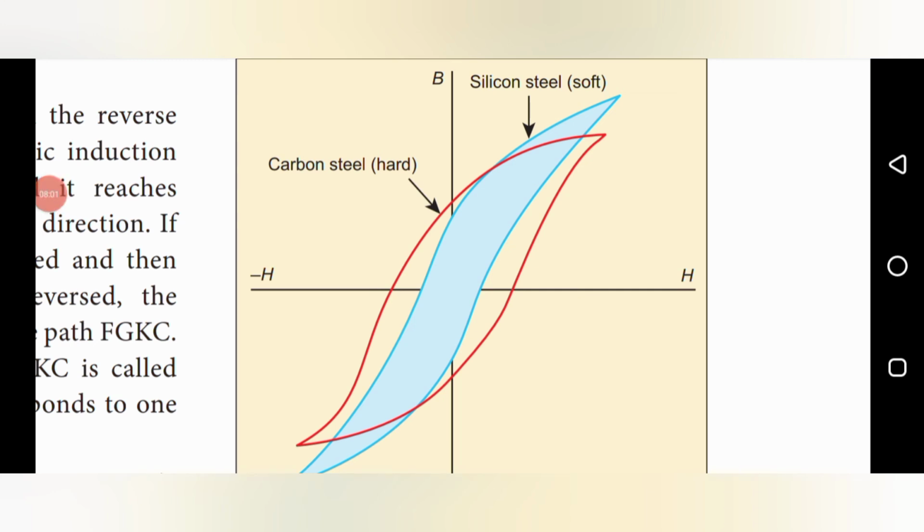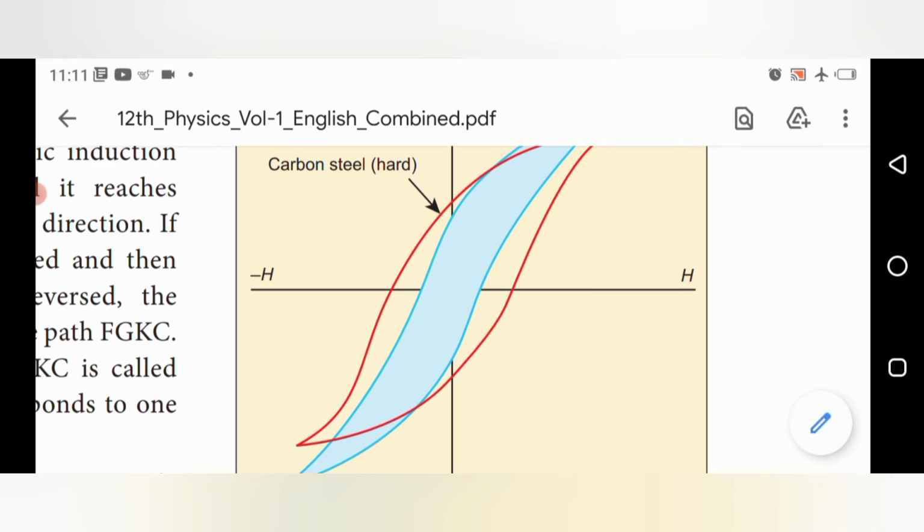The smaller area represents the soft magnetic material, and the larger area represents the hard magnetic material. Here, the hard magnetic material is considered to be carbon steel, and the soft magnetic material is silicon steel. These are the two types of soft and hard magnetic material based on their shape and size.